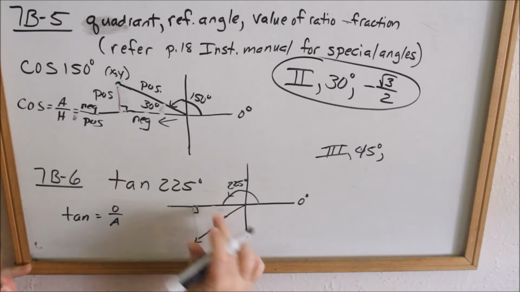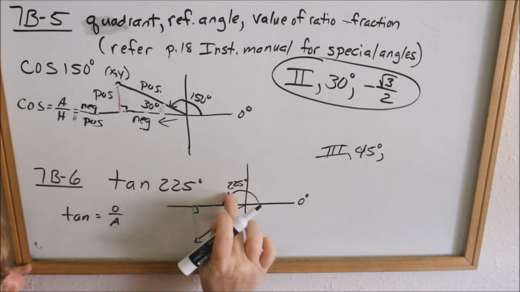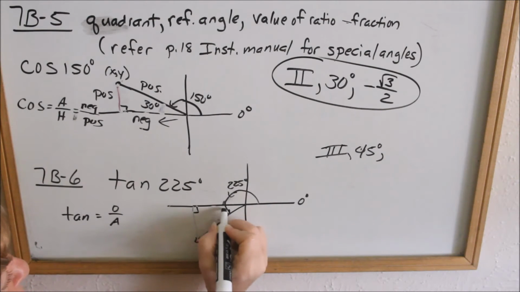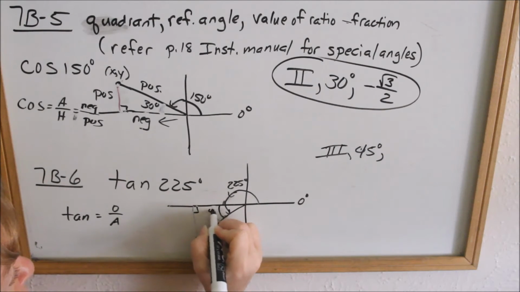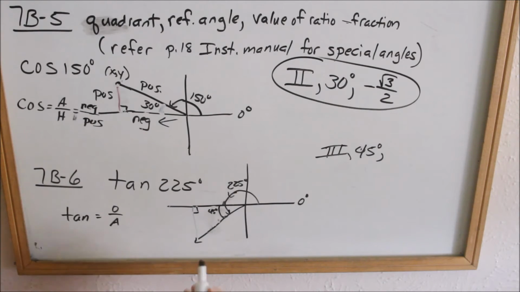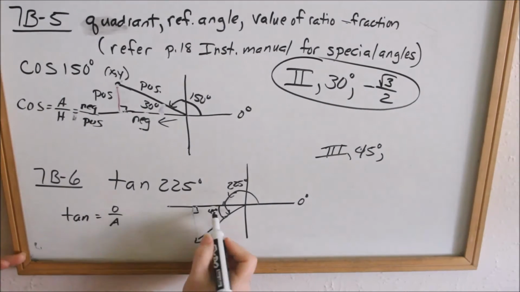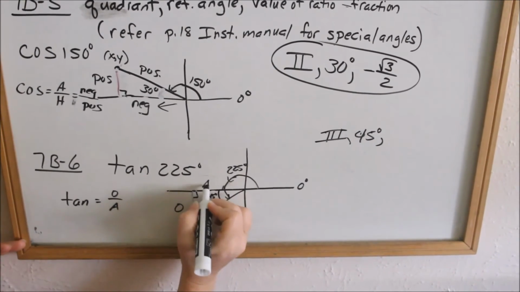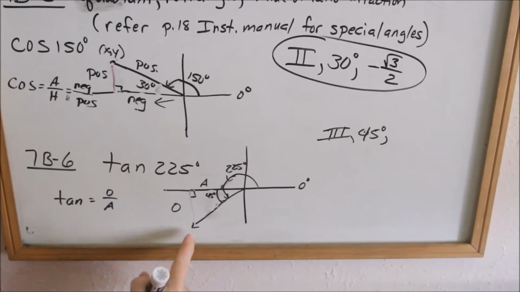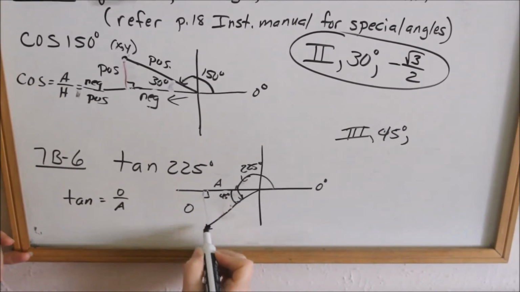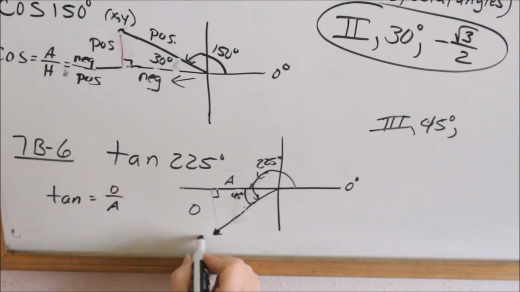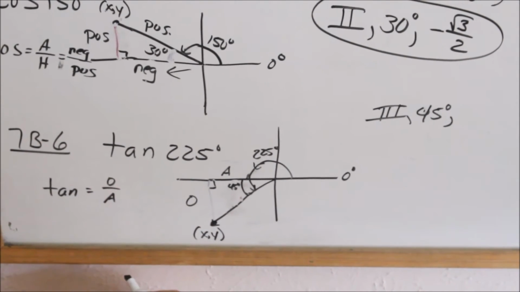I'm trying to add more in my picture. So this angle right here is 45 degrees. So opposite over adjacent. Okay, so if I'm saying there's opposite, there's adjacent. If I was to draw a point right here, which is my terminal side, what would my x and y value be to get to that point?